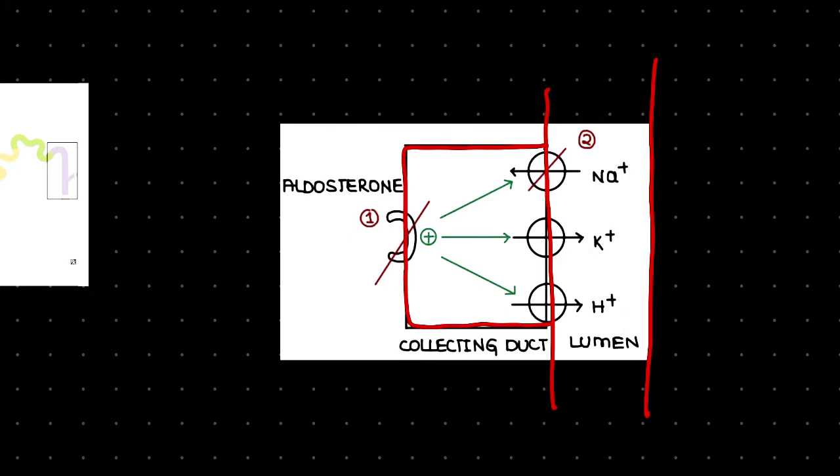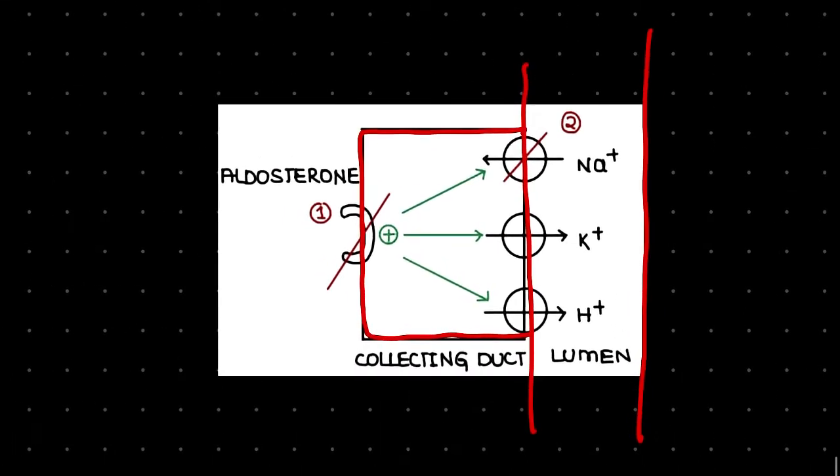Now here we have got three transporters: one is sodium, another is potassium, another is hydrogen ion transporter. The sodium ion transporter helps in reabsorption of sodium. The potassium transporter helps in excretion of potassium, and hydrogen ion is also excreted here.